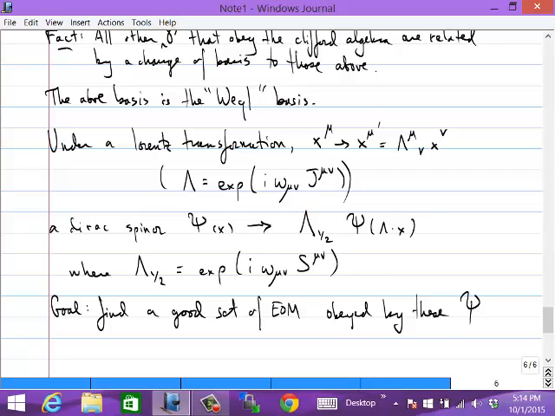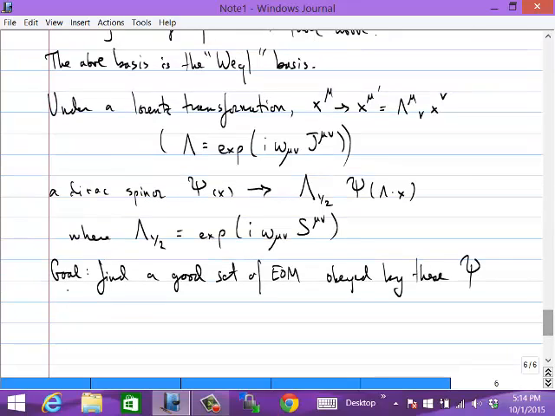One simple equation of motion you could write would be the Klein-Gordon equation. So for example, d mu d mu plus m squared acting on psi is equal to 0. That you could think of as an equation of motion for our field psi.